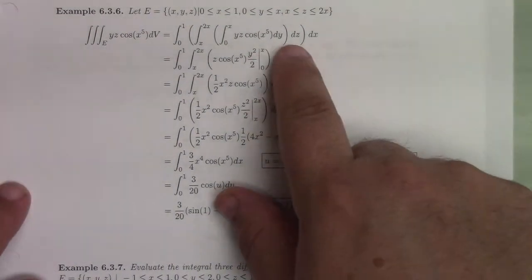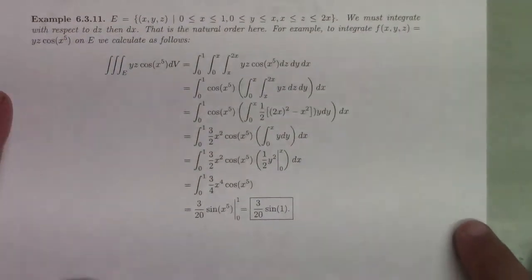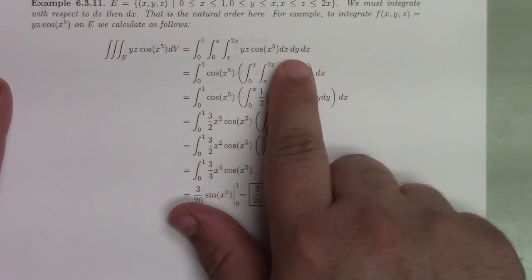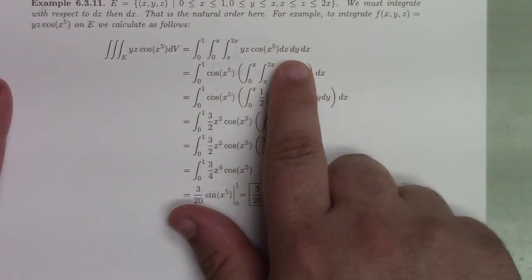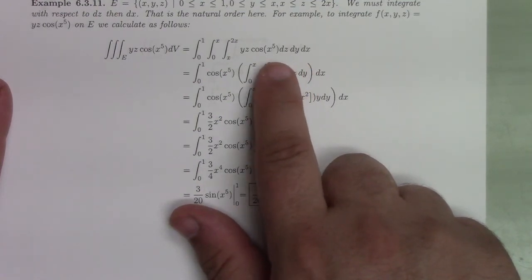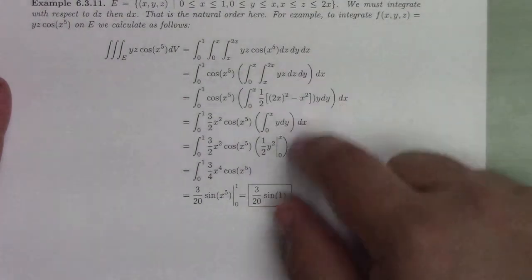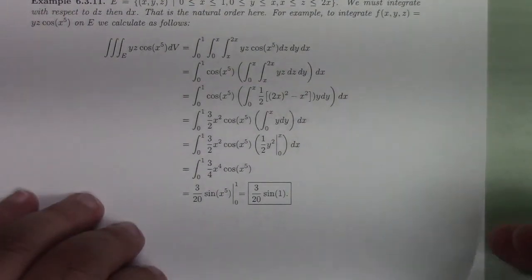Notice that I did the y and then the z integral on the inside. In the other one, I did zy. So I flipped the order of the inside integral and show you that you still get the same answer, although the integration steps are quite different.